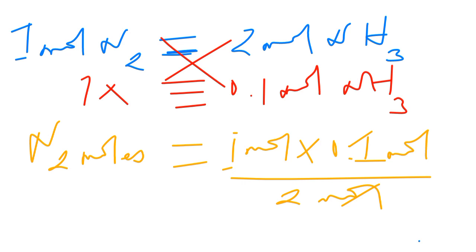The mole and mole cancel out. At the end, it will be 0.1 divided by 2. So the answer will be equal to 0.05 moles.